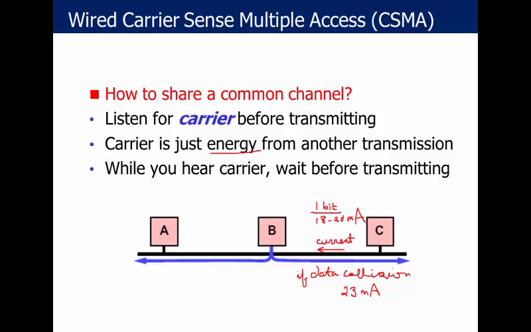If we think of bits, then collision means 2 bits colliding, so 23 milliamp is flowing. So at each node, by differentiating 18 from 23, it understands whether there is a collision or this is a regular bit that I need to take. Okay.